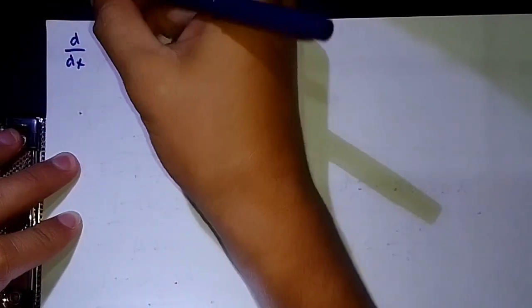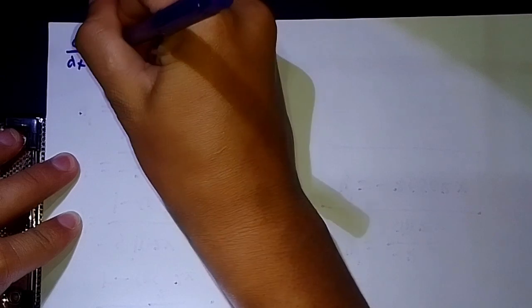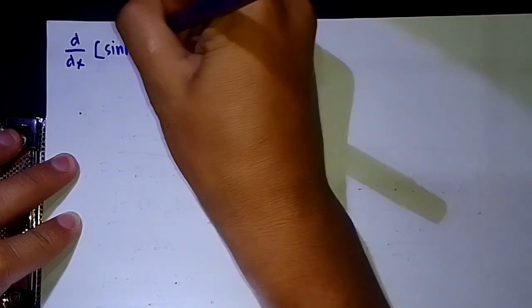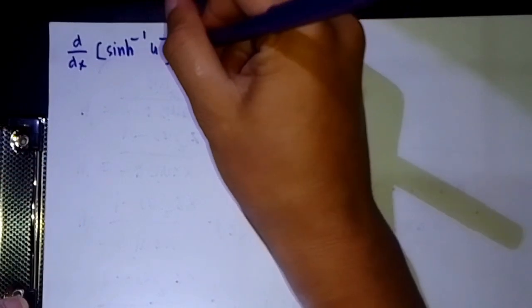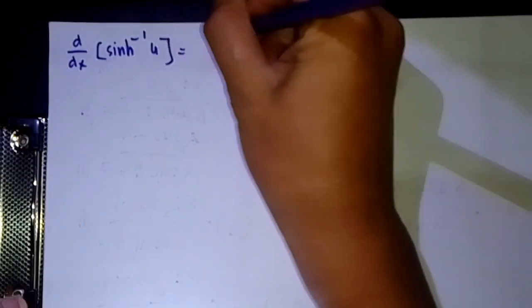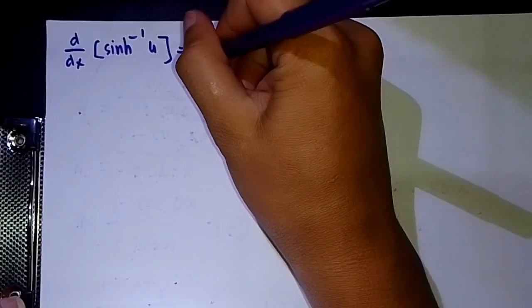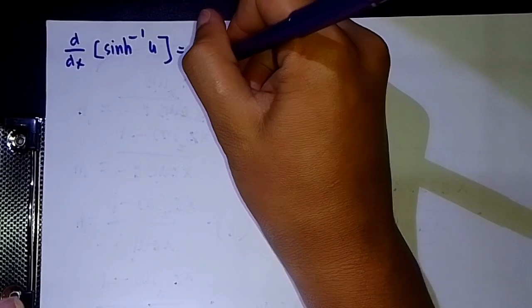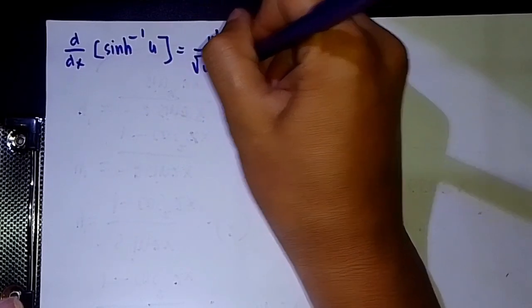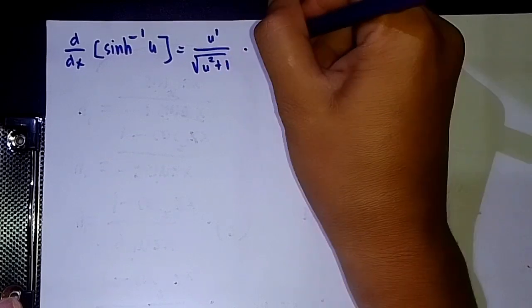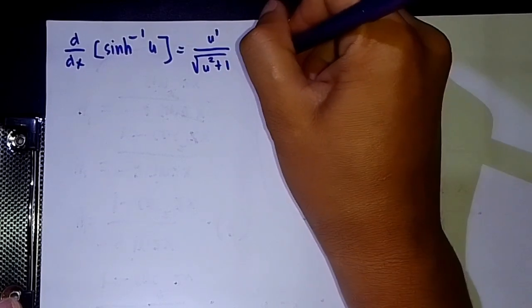The derivative of the inverse hyperbolic sine function of variable u, where u is a function of x, is equal to u prime over the square root of u squared plus 1, times du over dx.